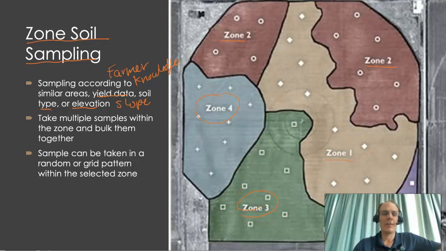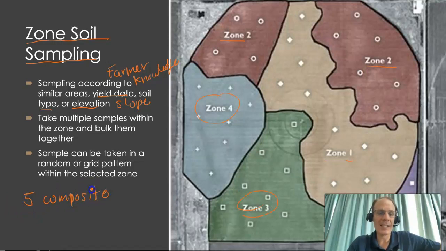Then the farmer or the advisor goes out and soil samples each of these zones separately. So in this example, we would end up with one composite soil sample from each of the five zones. This allows us now to manage the field based on some of this variability that we have.